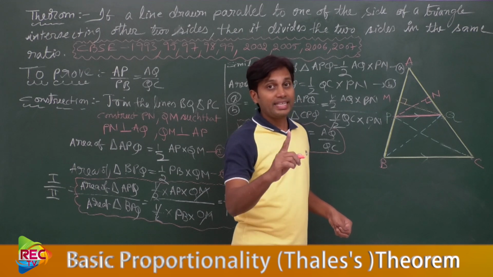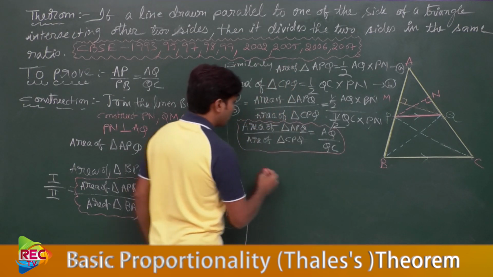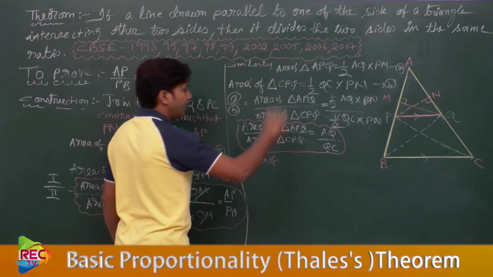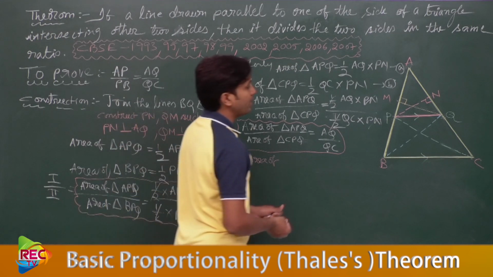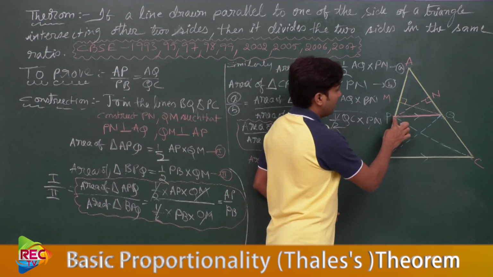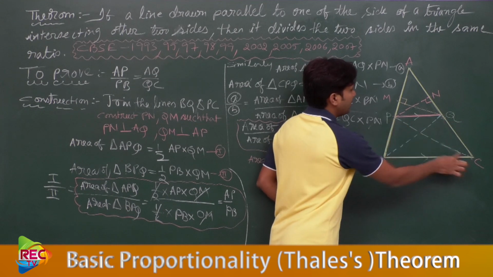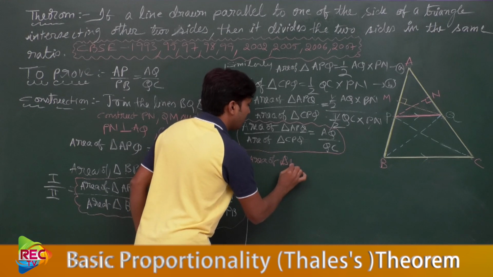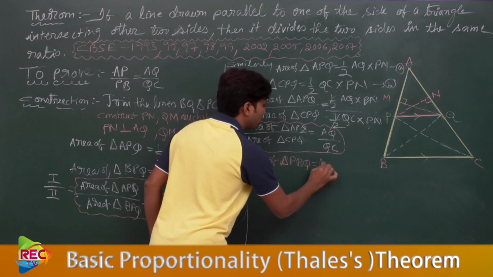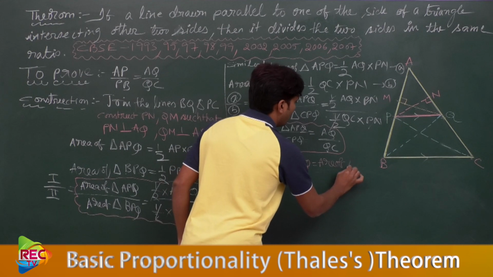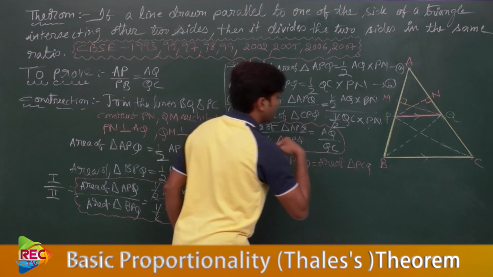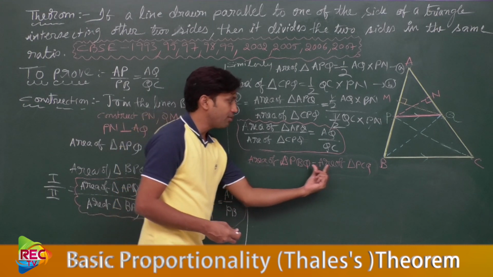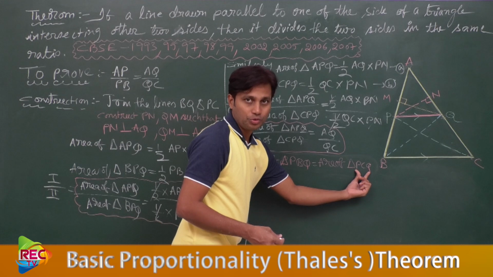So their areas would be equal or not? Yes. So write down area of triangle PBQ equal to area of triangle PCQ. So we obtained area of triangle PBQ is equal to area of triangle PCQ.